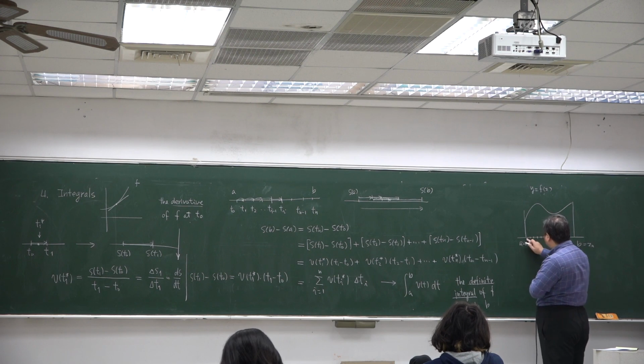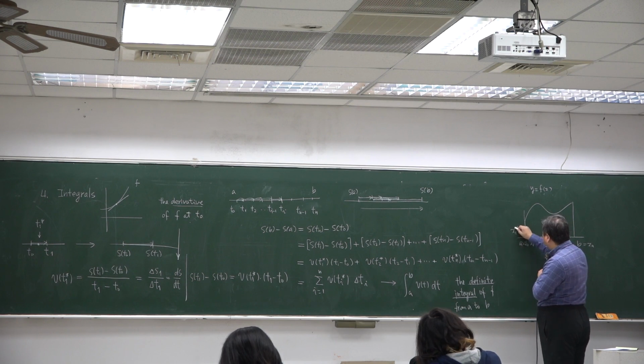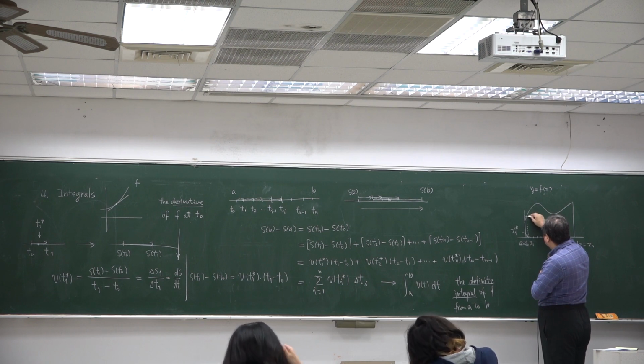And in the first subinterval, we choose some point called the sample point x1 star. And we use the value of f at x1 star to represent the height of this part.